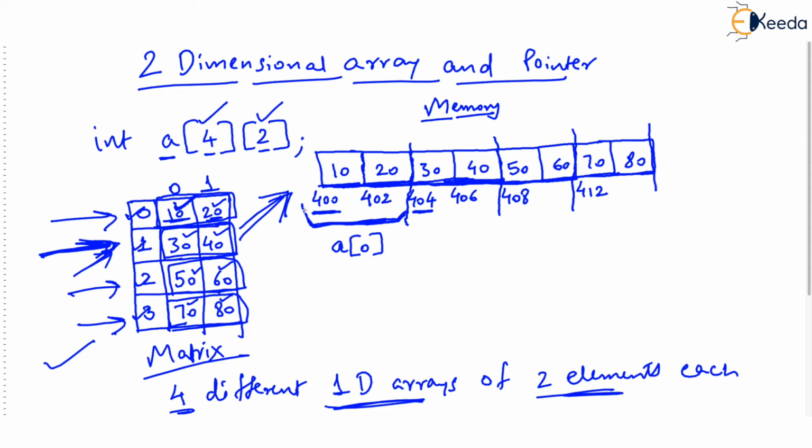Just check. It is a 2D array, but we are writing only a single subscript over here. Similarly, this portion, which is storing 30, 40, is A[1]. This portion, which is storing 50, 60, is A[2]. And the final portion, which is storing 70, 80, is A[3].